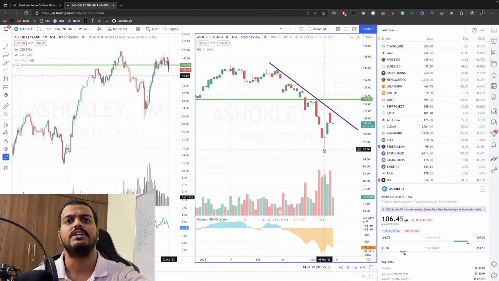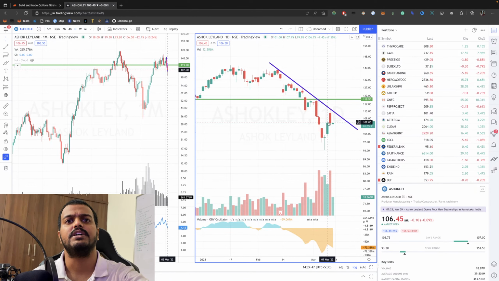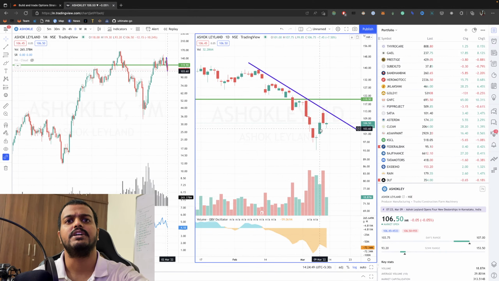The moves were really high yesterday. Yesterday it made around a 7% move, and then another 7% move up, but it ended up in the same range. That is what we are expecting. It has to be range bound.